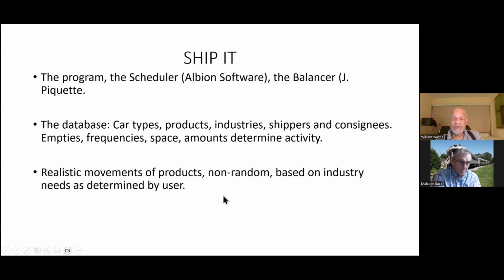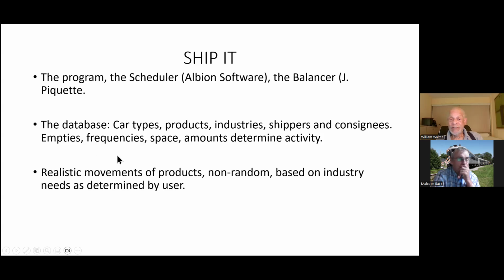The advantage of the system is that it is a realistic movement of products. The movement of a car to an industry begins when an industry requests an empty car. And from that movement, the program itself takes over. It's automatic.